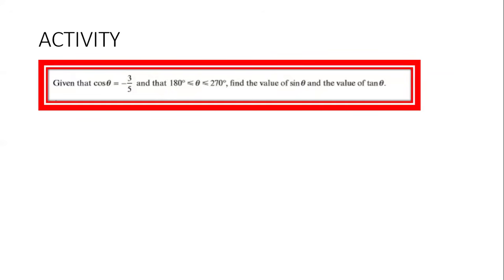Now we have started solving equations. Here you are going to be very, very careful. They have given us to solve cos of this angle is equal to negative 3 out of 5.